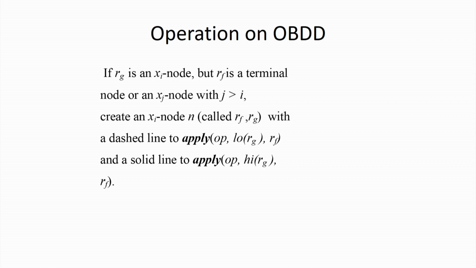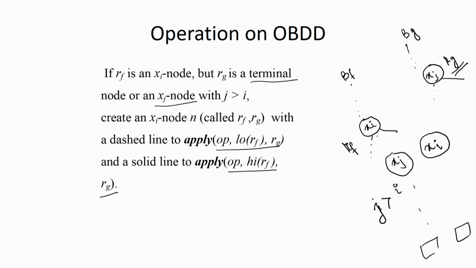Here we get an Xj node in BF and an Xi node in BG. So that is why we create an Xi node, where it is low of RG and RF, high of RG and RF. That means RG is progressing, but RF remains at that particular point. This condition is the reverse of the previous one.